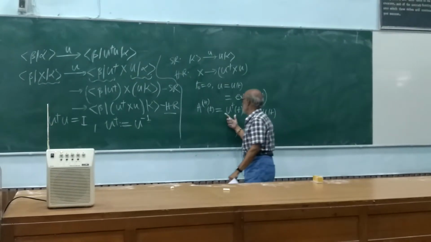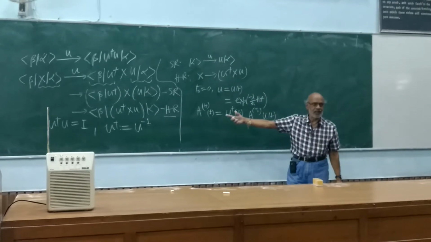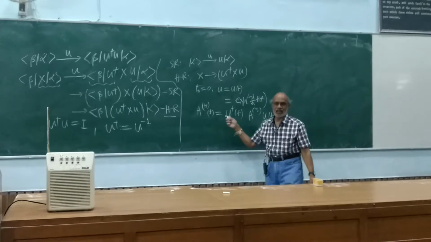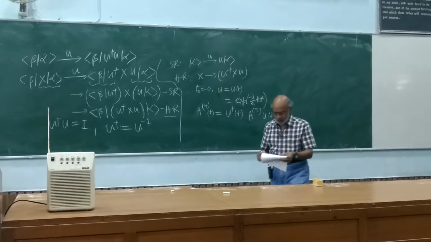So the time evolution of this operator in the Heisenberg representation is determined by this whole object U dagger A_S U. Alright, very good.